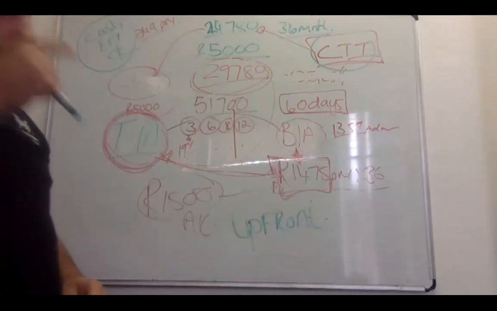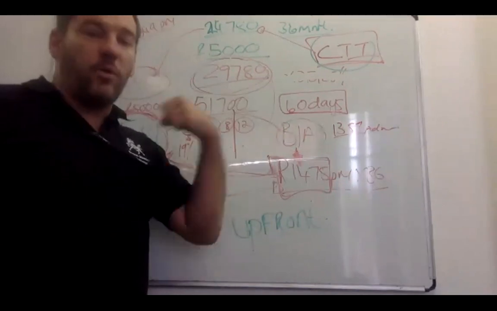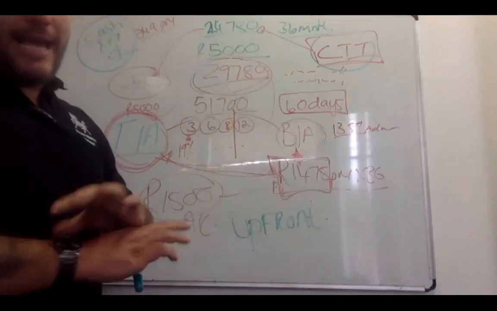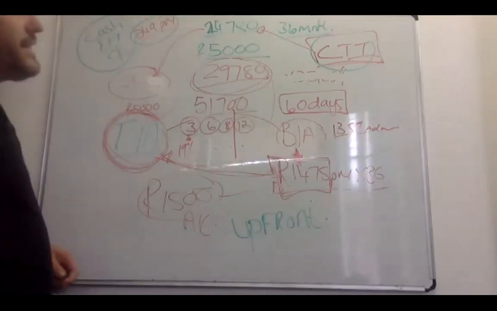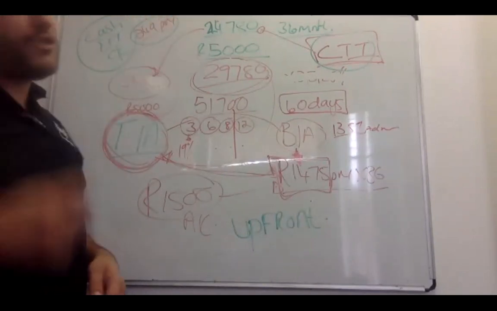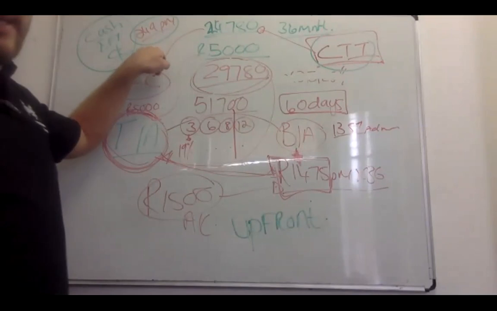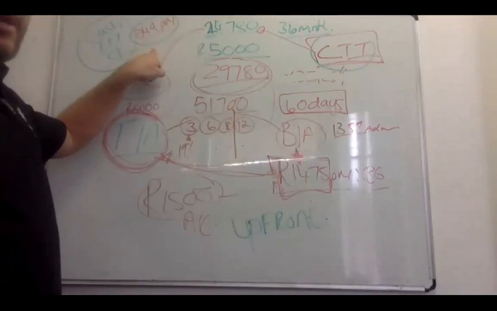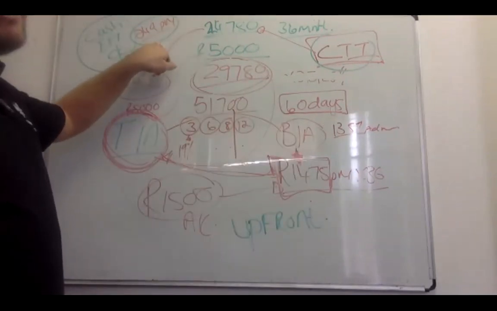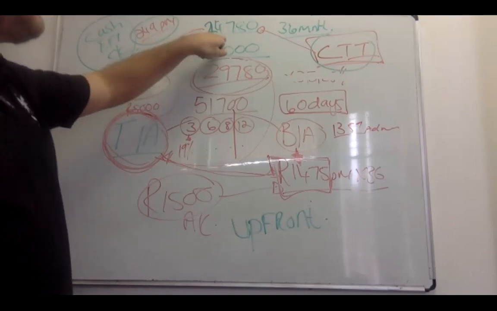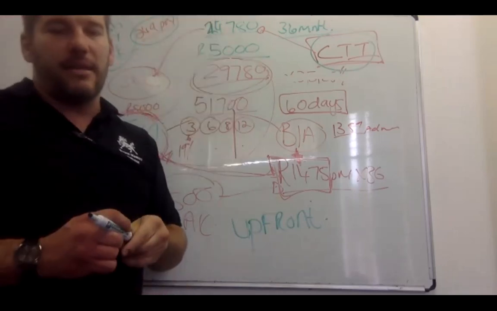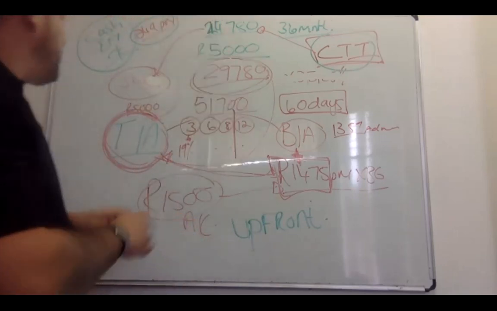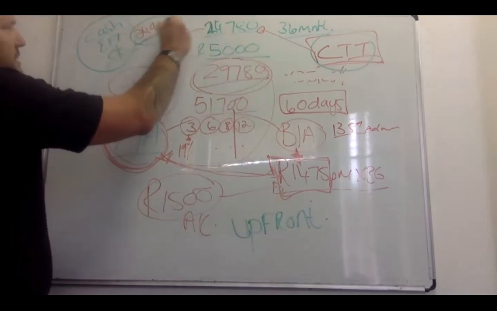An upfront is where someone either pays or CTI pays it for them, and it's fully settled. The only thing that they will still pay is the 249 Rand per month. Some clients do want to pay the 249 Rand per month upfront also, and I think that accumulates to 8,000 and something. The 24,000 and the 249 altogether is something like 33,000. But we'll get into that later.